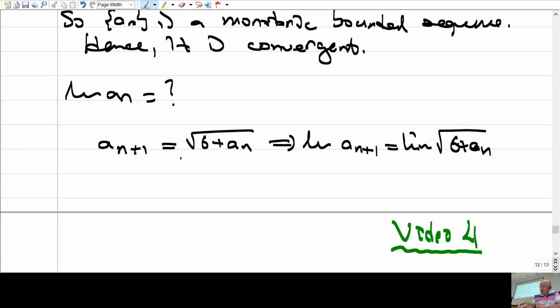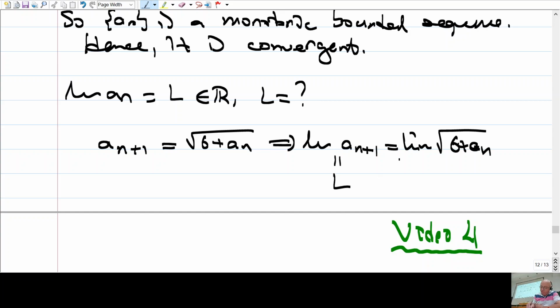Well, if an goes to somewhere, then a(n+1) will go to the same place, right? Because it is the same sequence, just shifted by one unit. So if this limit is, let's say, L, and we would like to find out this L, the limit of this thing is the same as that one.